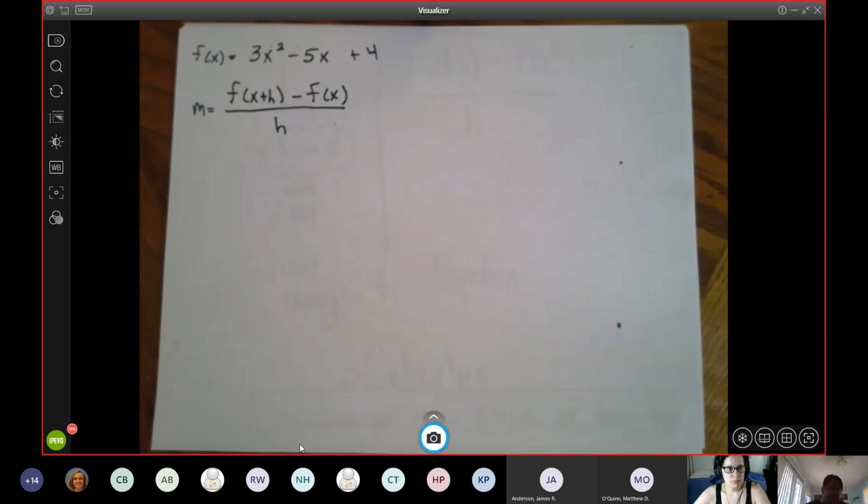I'll give you 2 minutes to see if you can simplify that down to something over h, or see if you can get the h to cancel. I don't know if you can or not.